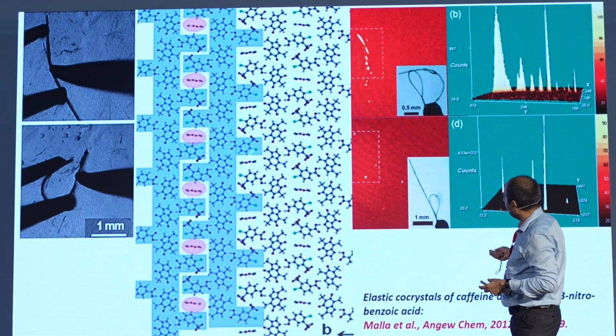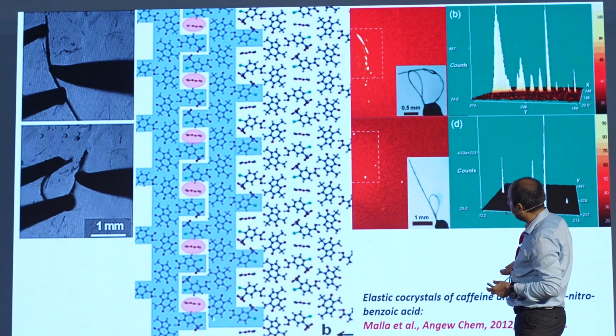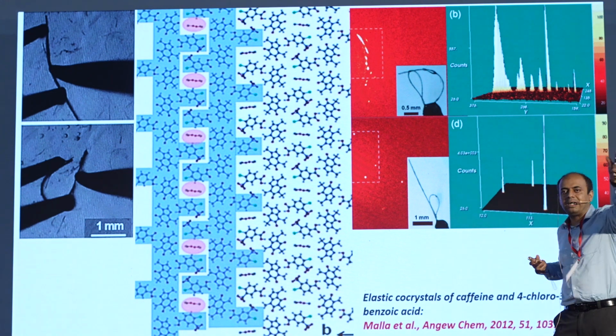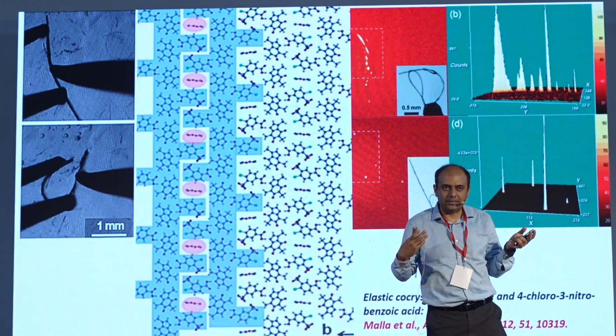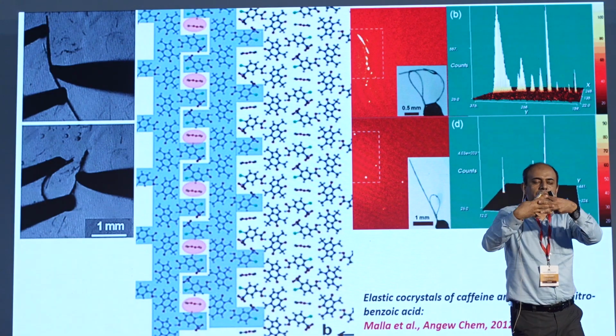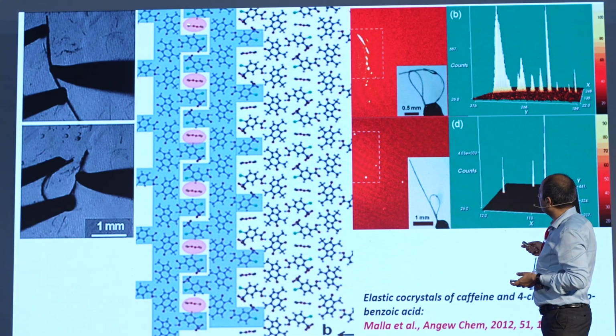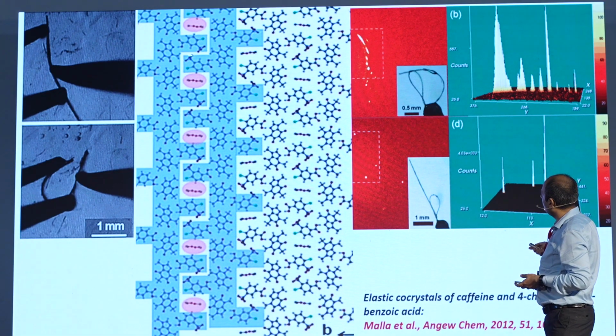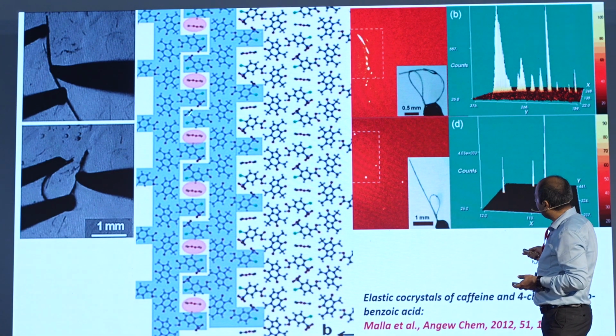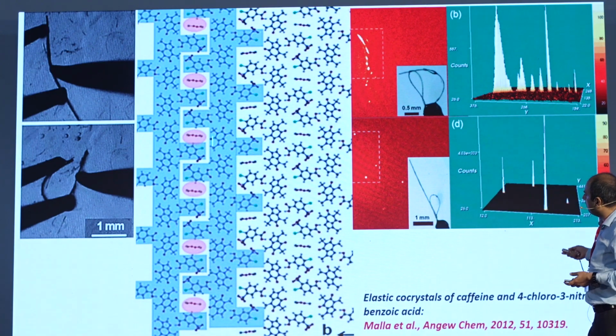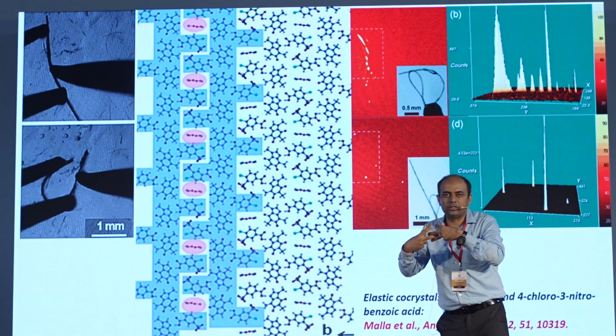If this interlocking, or interdigitation, had not happened, then the molecules would have simply moved past each other, and that would have led to plastic deformation. So this interlocking of the molecules, where you can clearly see this is your caffeine, and this is your chloronitrobenzoic acid, they are nicely arranged in this co-crystal. This structural buffer is important to retain the elasticity of a crystal.